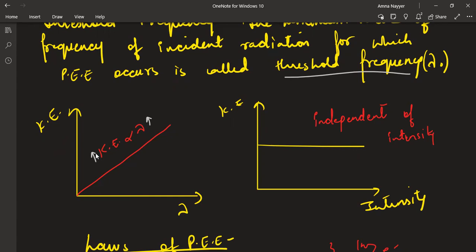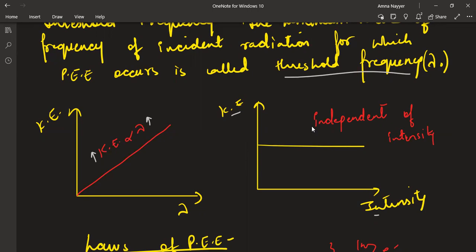Like this you will get a question regarding kinetic energy and intensity. If the intensity is tripled, let's say, then what happens to the amount of kinetic energy? In your MCQs also, all the options will be available: tripled, half, no effect. So you will choose no effect. Kinetic energy and intensity are independent of each other.